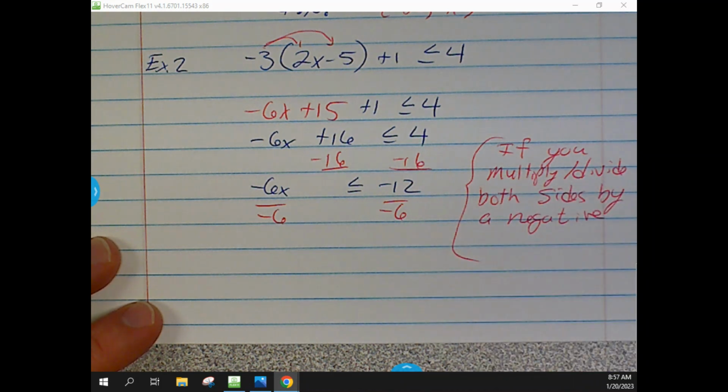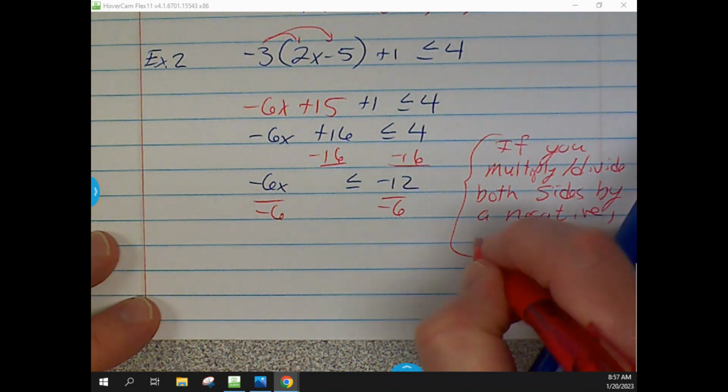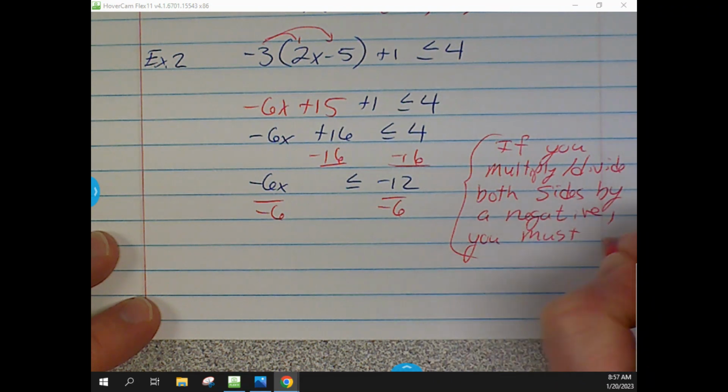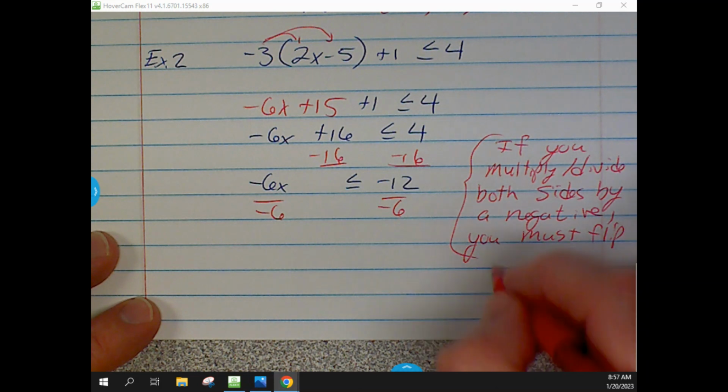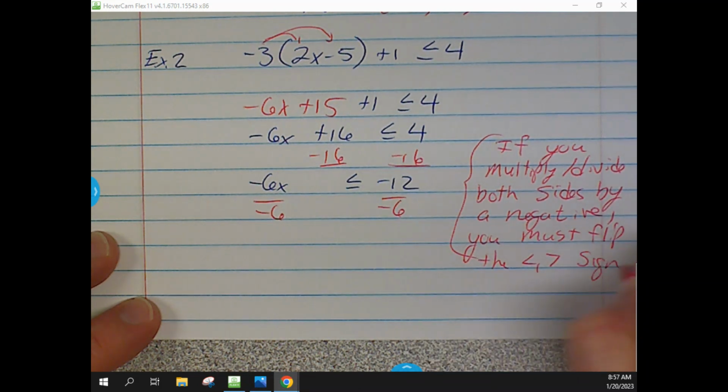If you multiply or divide both sides by a negative number, you've got to flip the inequality sign. So you've got to change your inequality sign.